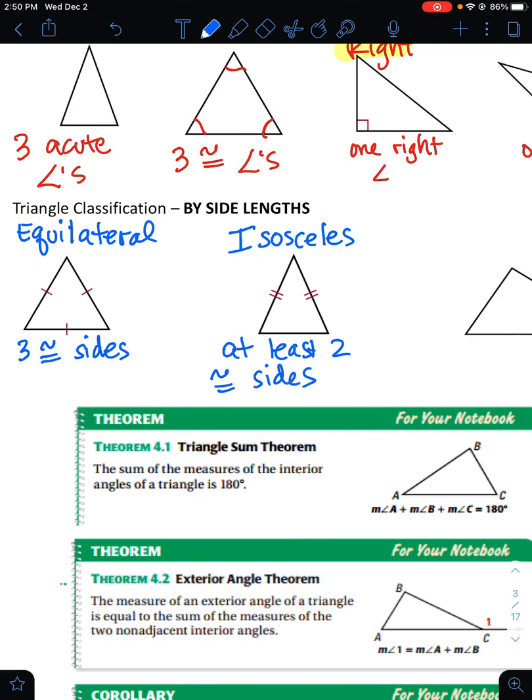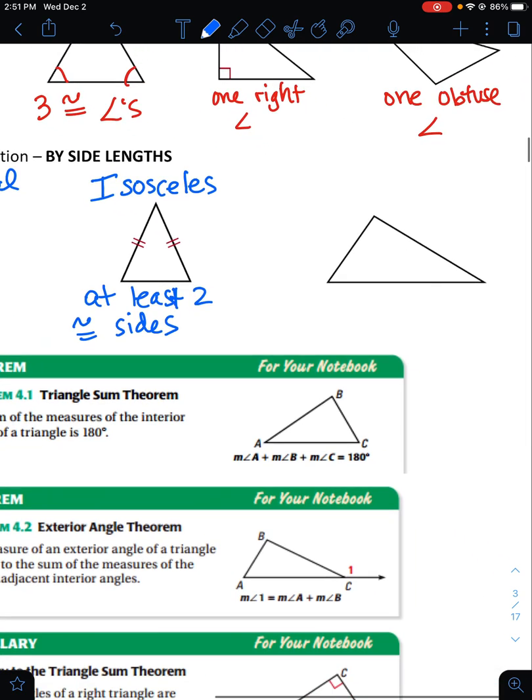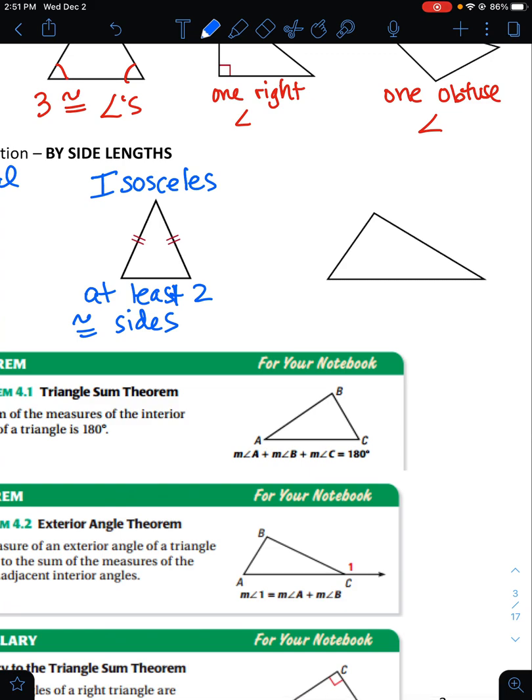So I guess theoretically, if it had three congruent sides, it could be classified as isosceles, but we tend to just classify two as isosceles and three as equilateral. Okay, my third picture over is showing no congruent sides, and that is scalene. So no congruent sides.